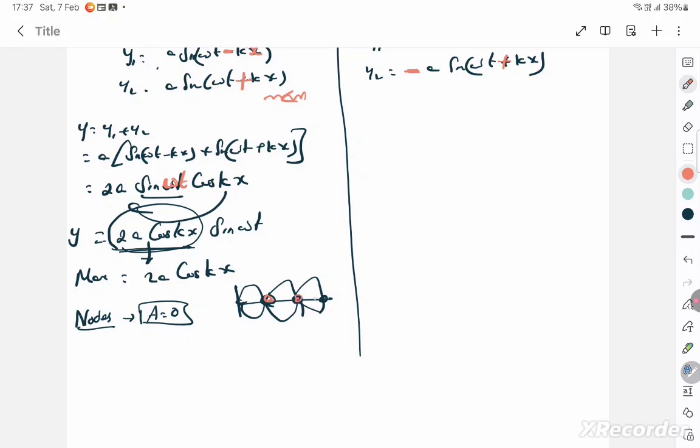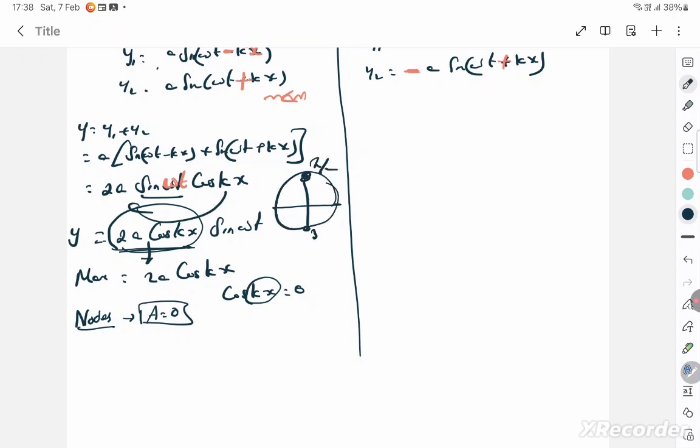Applying that here, I need cos kx to become 0. And when will cos kx be 0? When kx is an odd multiple of 90 degrees: π/2, 3π/2, 5π/2, 7π/2. So the angle kx is (2n + 1) π/2.